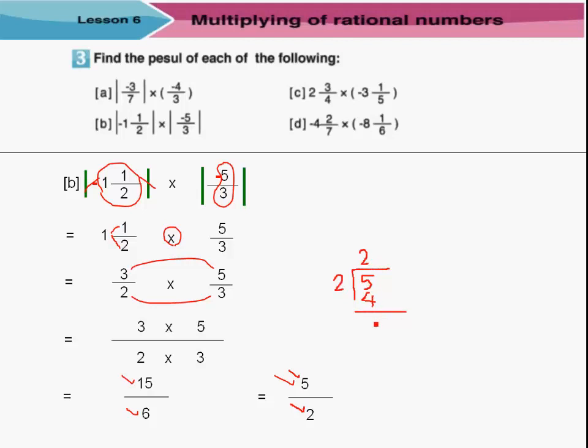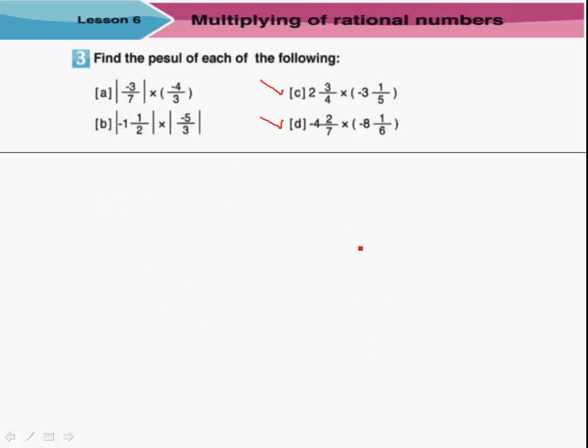So 5 minus 4 is 1. 1 is less than 2, then stop here. So the result will be 2 and the remainder is 1, which will be written in the numerator. And the denominator is 2. This is the answer. You have to solve C and D.